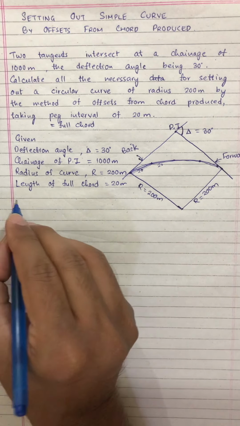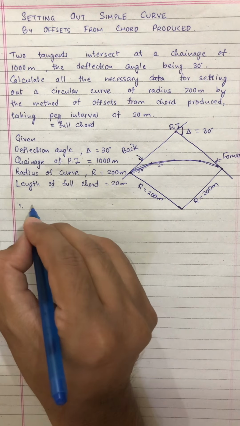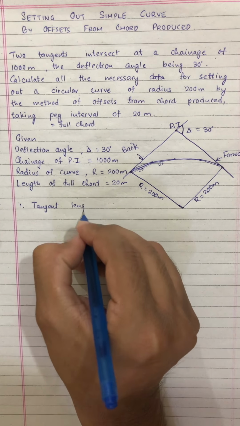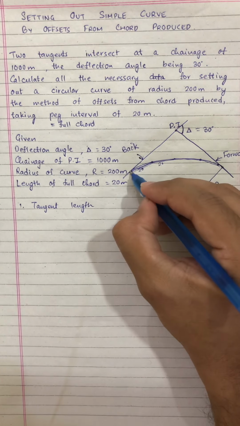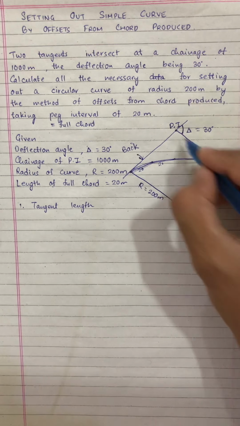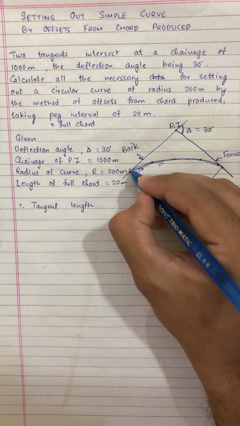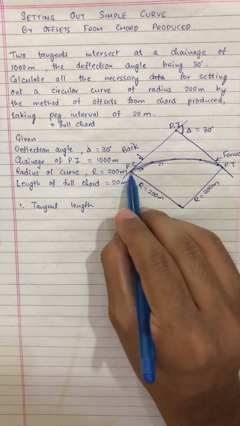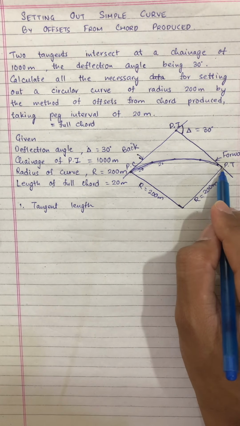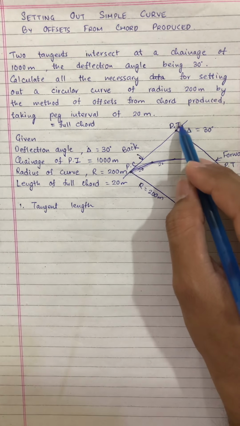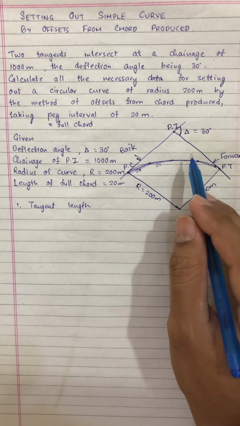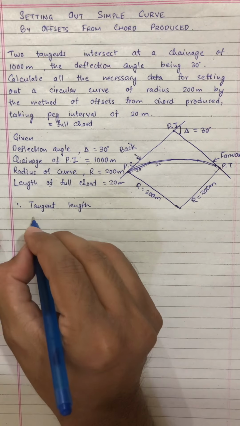Now first we need to calculate the tangent length. This length is called the tangent length. This point is PC and this point is PT, that is point of curve and point of tangency. So tangent length is PC to PI or PI to PT. Both lengths will be the same.